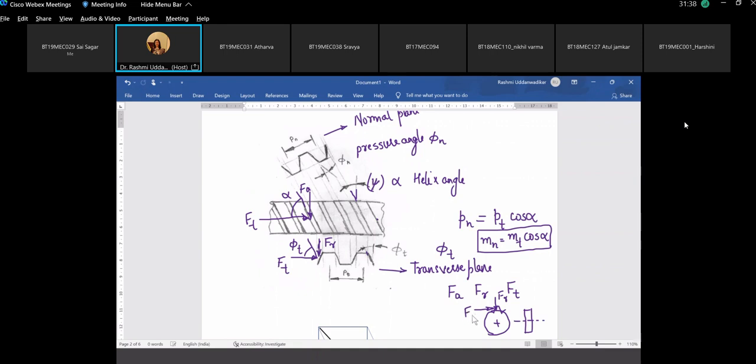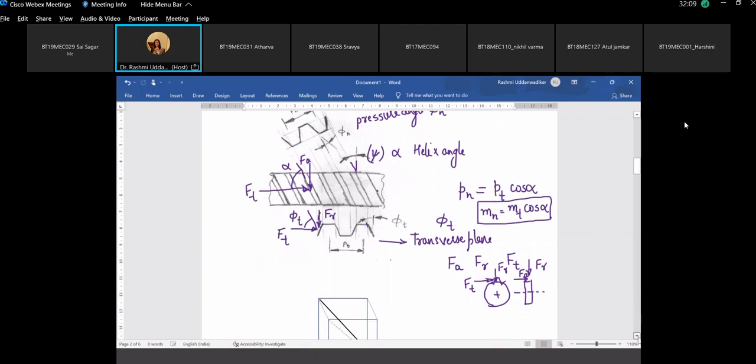This is Ft force acting perpendicular to the radius. And on this plane, on this surface, there is this Fa force acting along the axis of the shaft. A force which was missing in case of spur gear. And this is the radial force Fr acting along the radius.